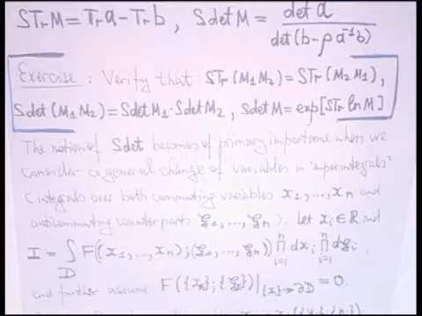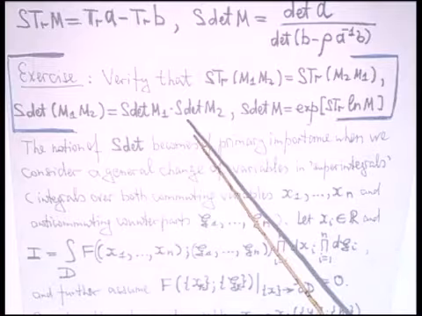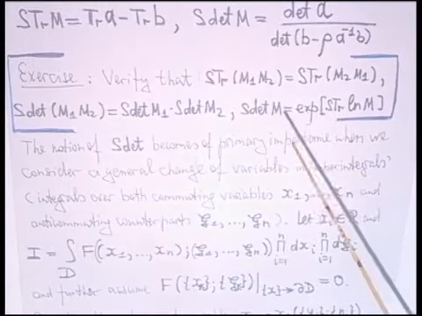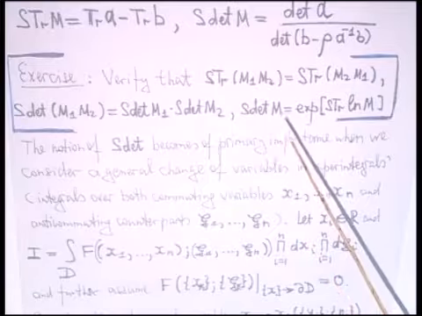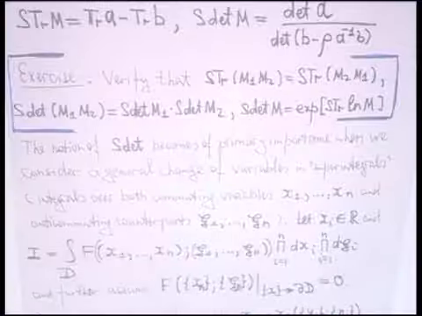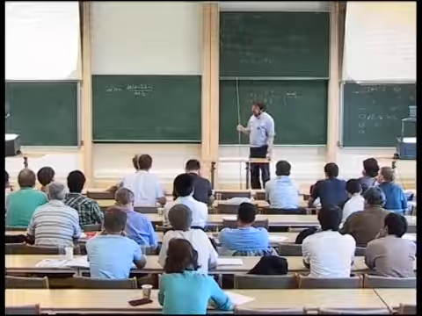And basically, in order to prove it, one can use various ways, but the convenient way is first to verify that there is the same relation between superdeterminant and supertrace as between determinant and trace.